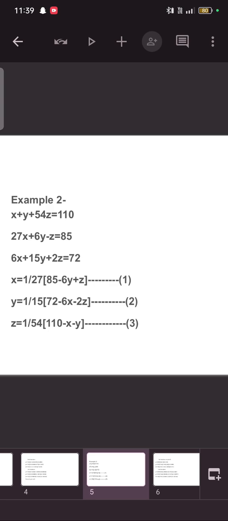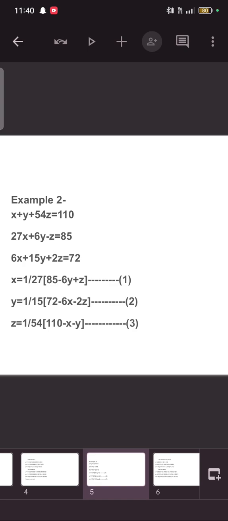Let's look into another example. The three equations given here are x plus y plus 54z is equal to 110, 27x plus 6y minus z is equal to 85, and 6x plus 15y plus 2z is equal to 72. So we get the value of x is equal to 1 by 27 bracket 85 minus 6y plus z.